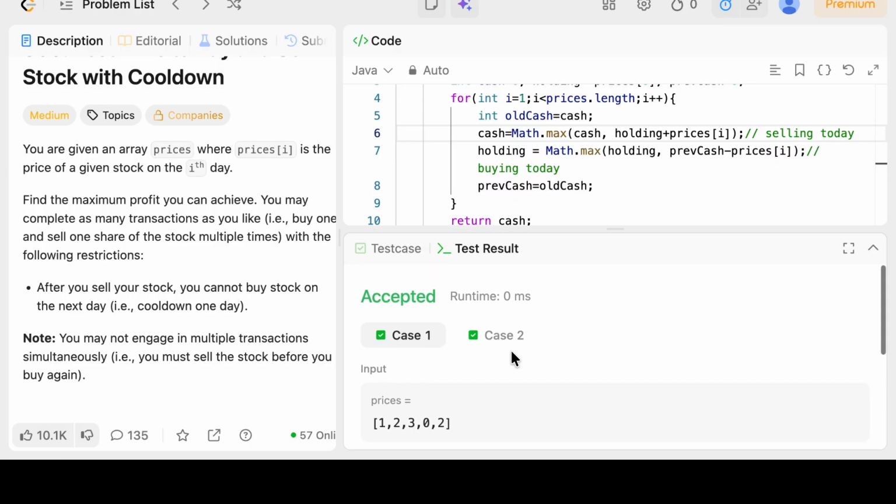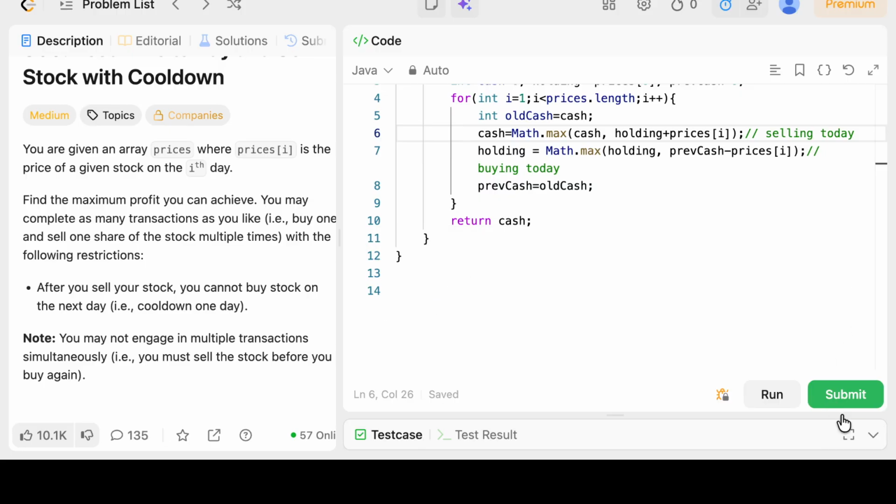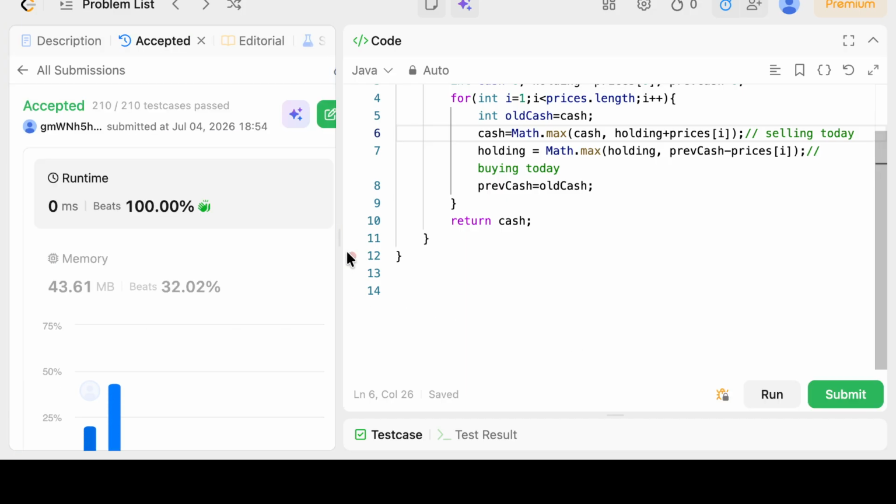Okay, so let me submit it. Yeah, so this is accepted.